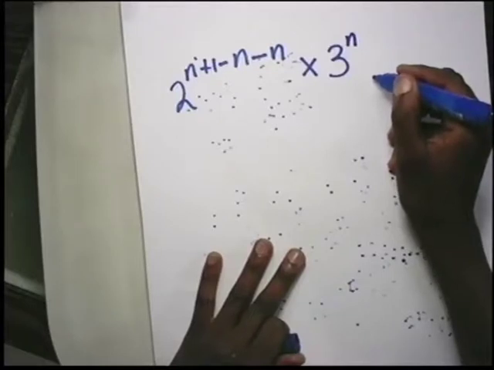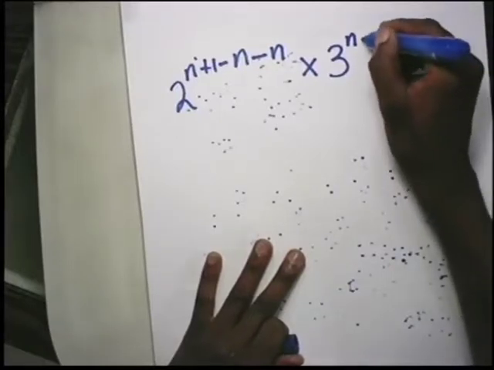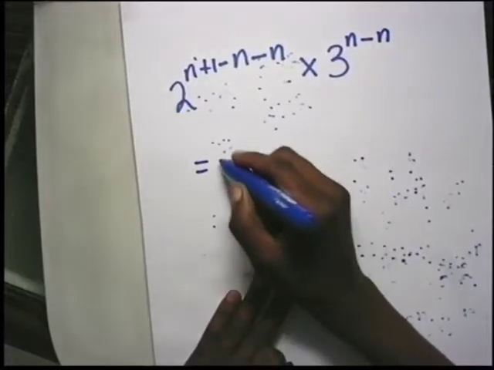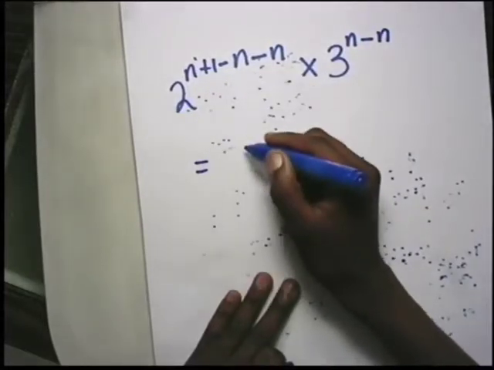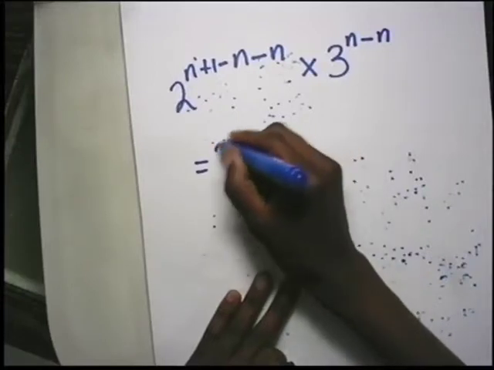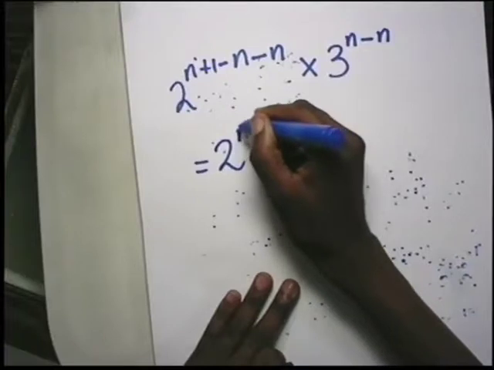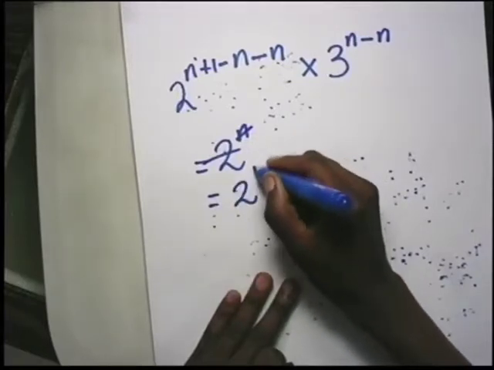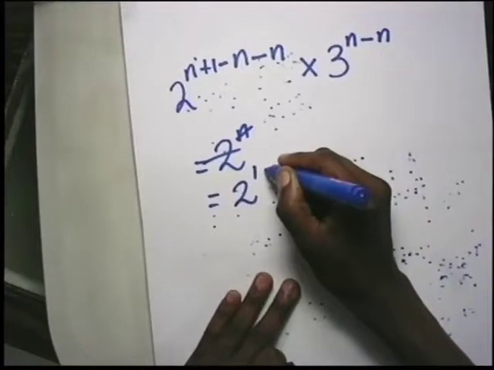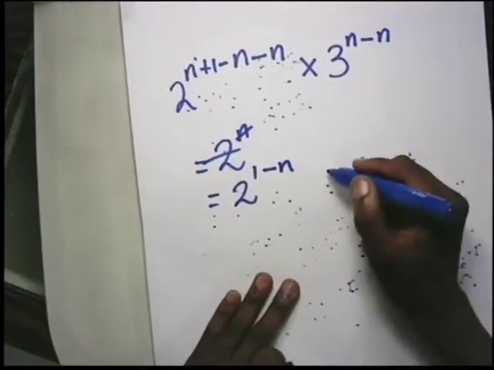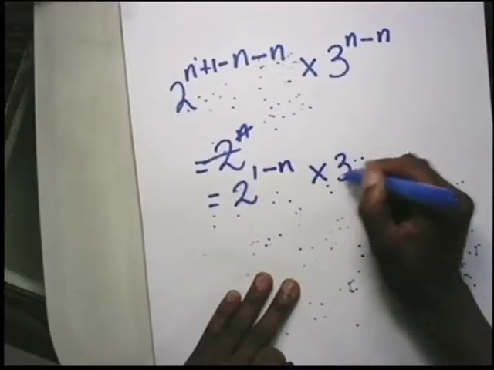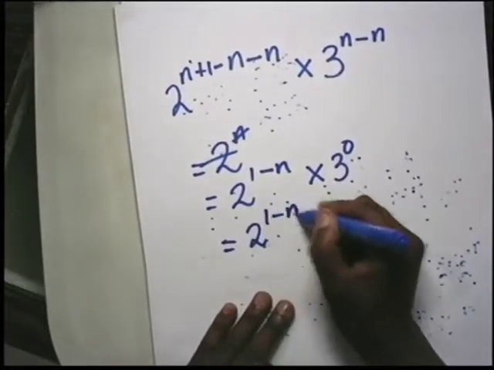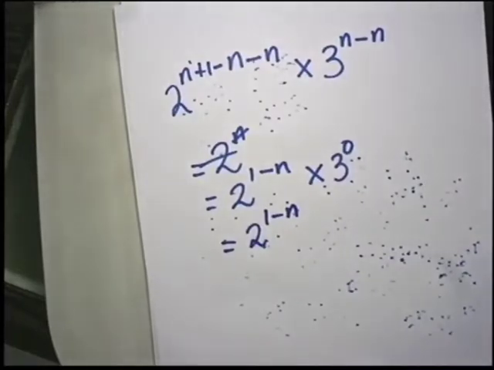If you check very well on your denominators there, you have 3 to the power of n, so you have to subtract n from there, and at the end of the day you have n minus n, which is 0, but you'll be left with 2 to the power of 1 minus n, because the other two n's will cancel each other, and then 3 to the power of 0, and the end result will just be 2 to the power of 1 minus n. So you should be able to do that.